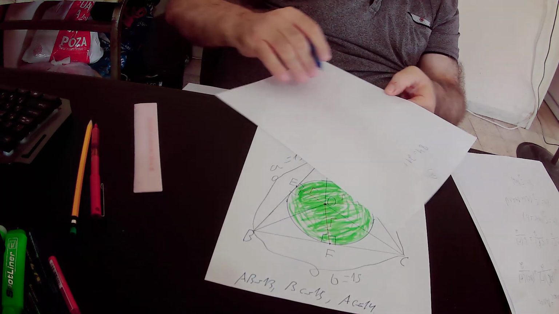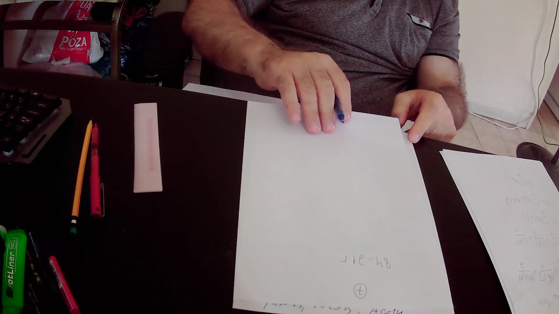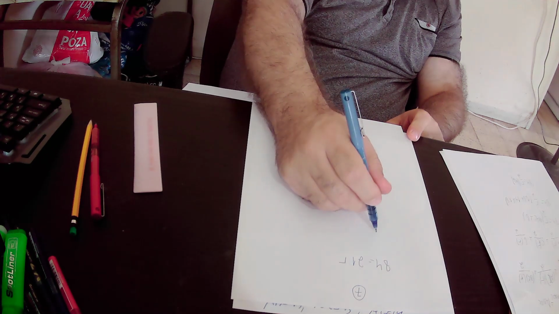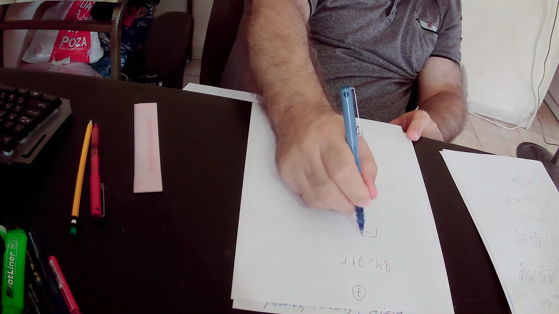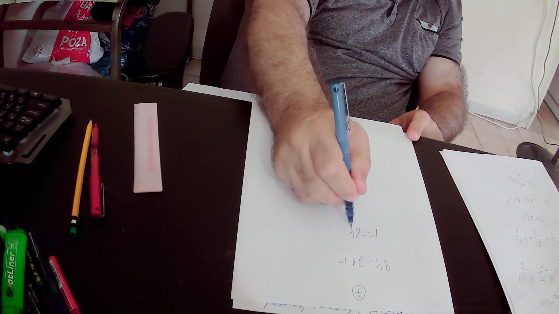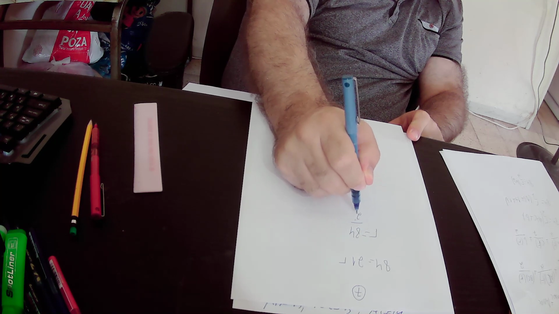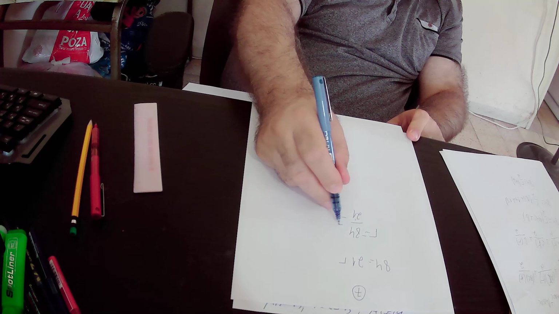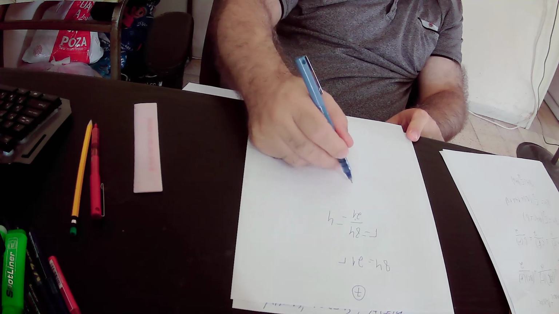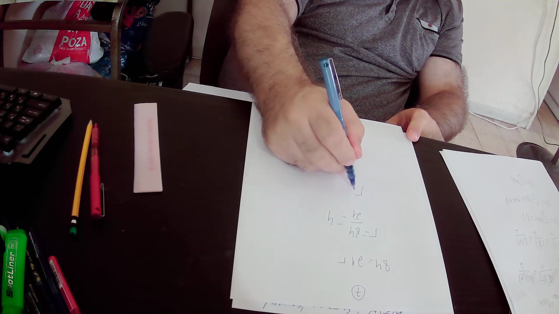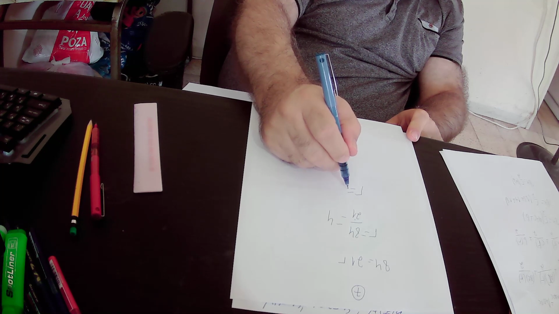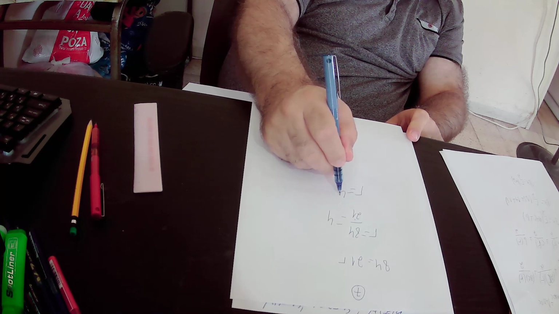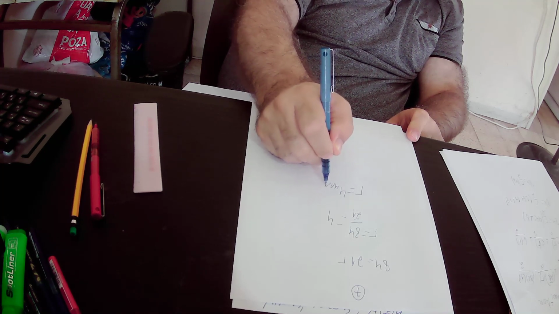So the radius of the green circle equals 84 over 21, and 84 over 21 is 4. So we found out that the radius of the green circle equals 4 units.